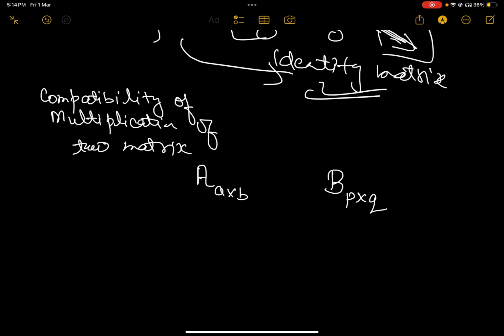If in a question they ask you, tell me if the two matrices are compatible, you just have to draw something like this. Let's say A and B, and say that if B is equal to P, then the matrix can be multiplied.